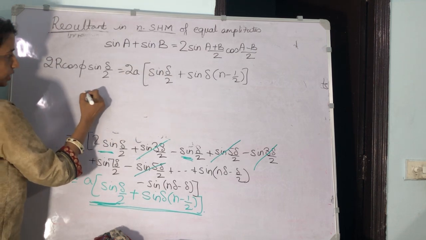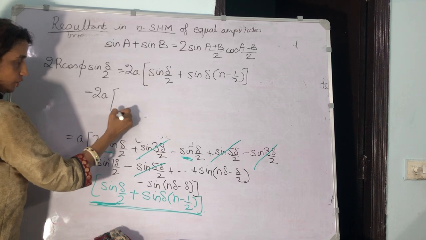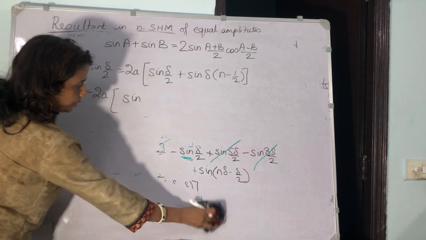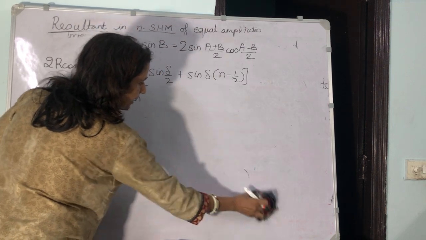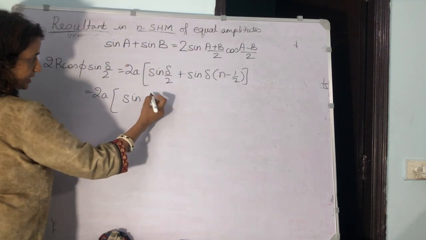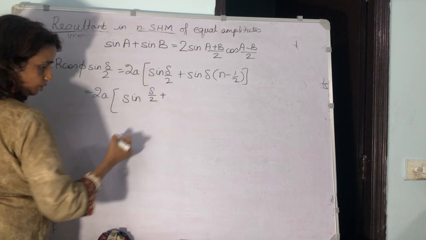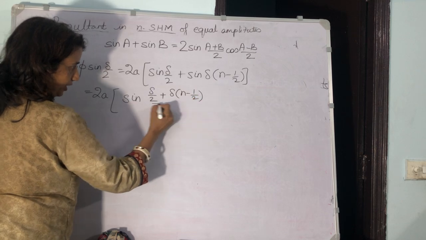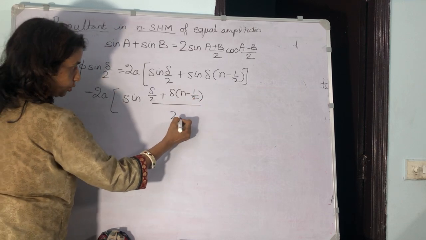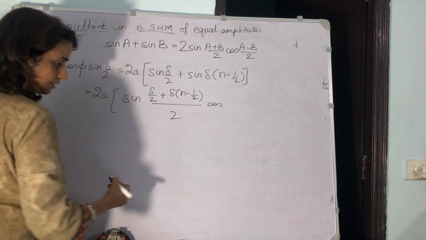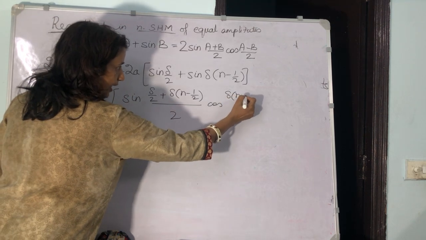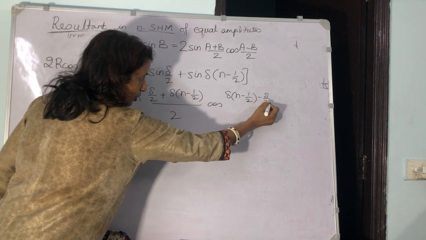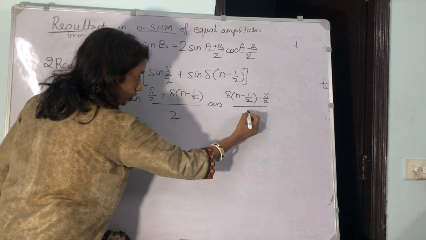So it becomes equal to 2a into sin. The formula is written up. You can also keep trying on your own and then see the solution here. Sin del by 2 plus del into n minus half divided by 2, cos del into n minus half minus del by 2 divided by 2.